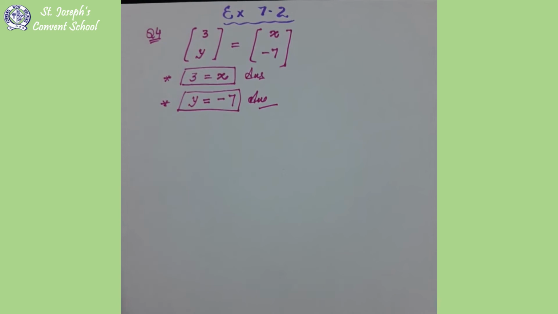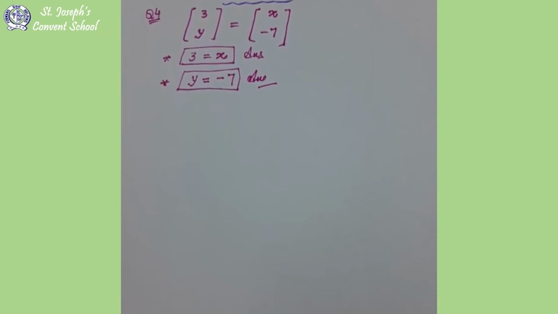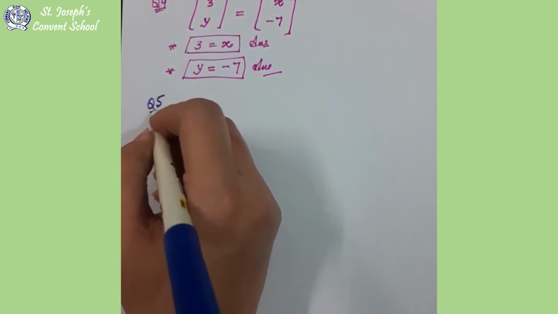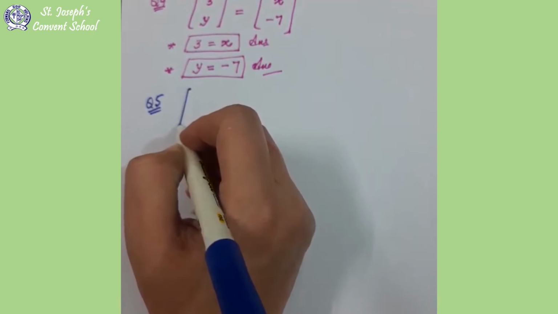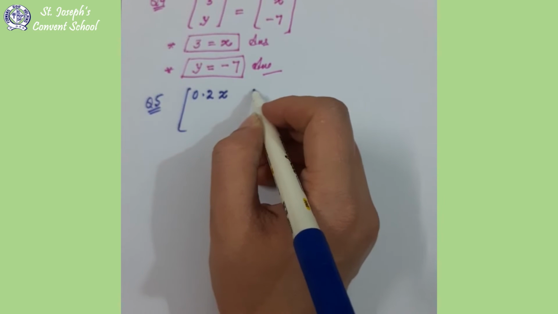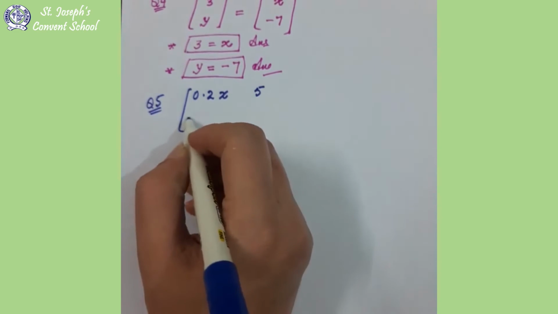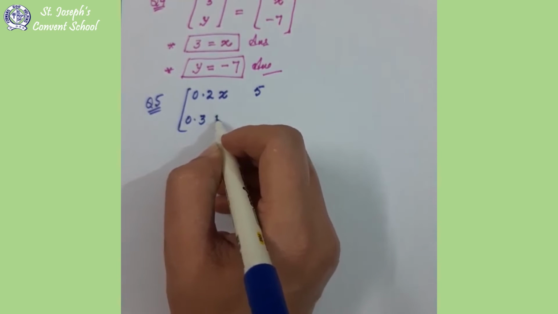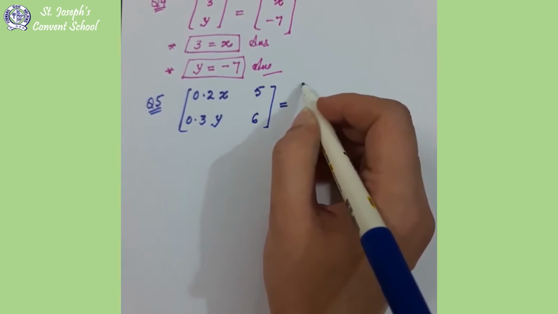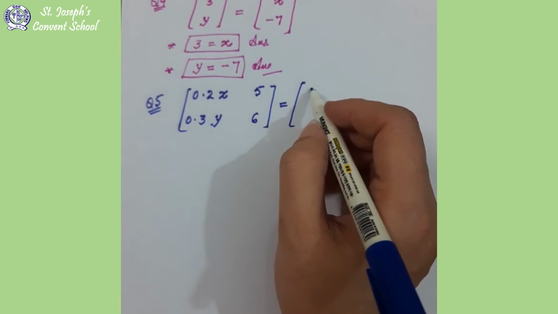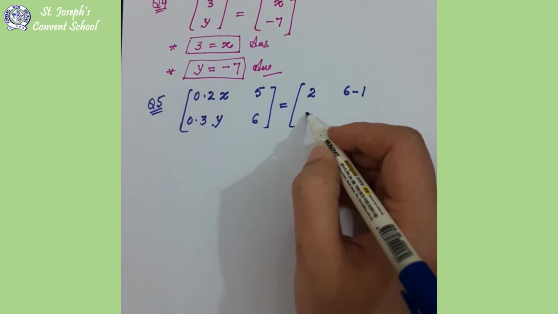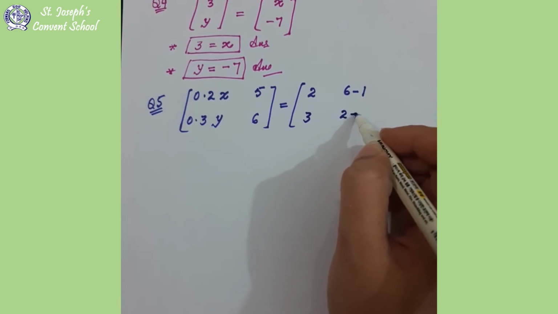Let's do the next one, number 5. Again, two matrices are equal in this question. 0.2x, 5, 0.3y and 6 equals 2, 6 minus 1, 3 and 2 plus 4.